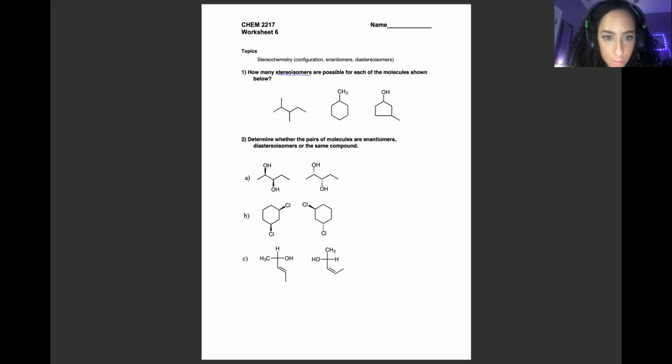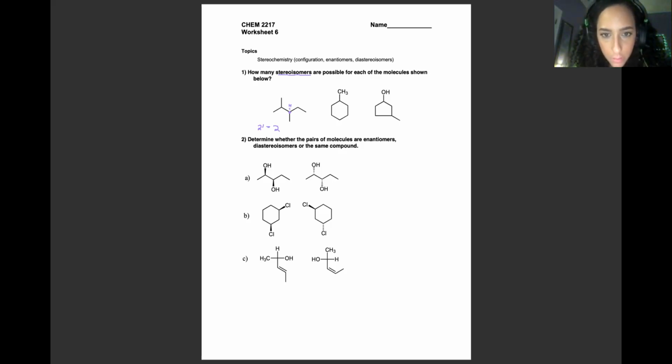So this one right here, 1, 2. That one's chiral, right? Because it has that ethyl. So 2 to the 1 equals 2. All of these you can eliminate.